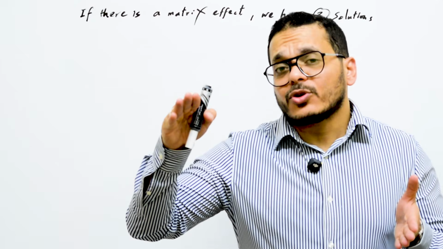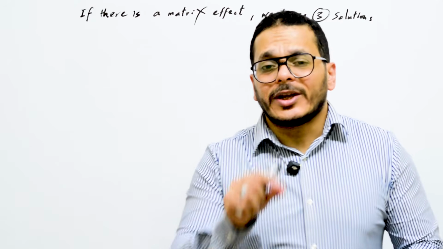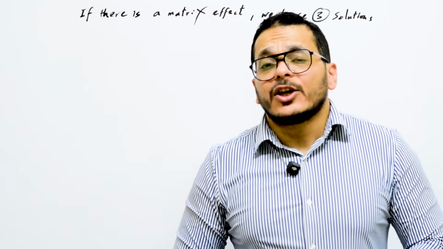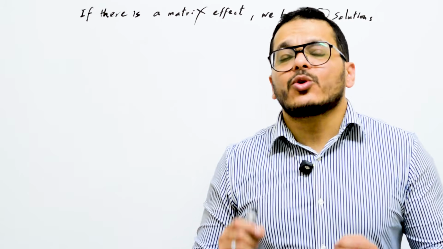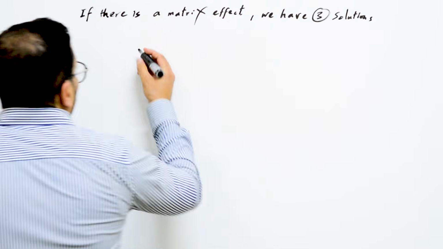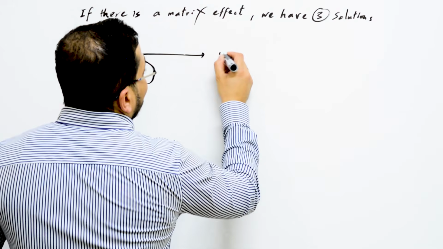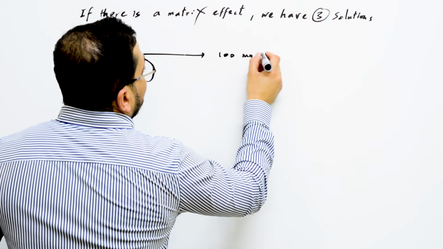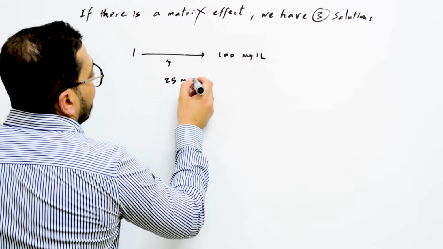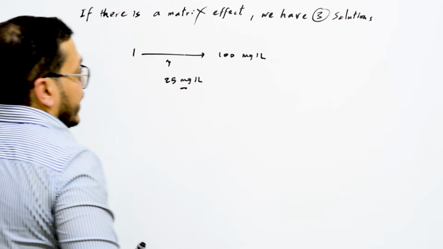Because, as I said before, every result that you get from the instrument should be in between the calibration levels to be quantified accurately. For example, if your calibration starts from 1 up to 100 microgram per liter, you can select 25 microgram per liter to be your verification standard.